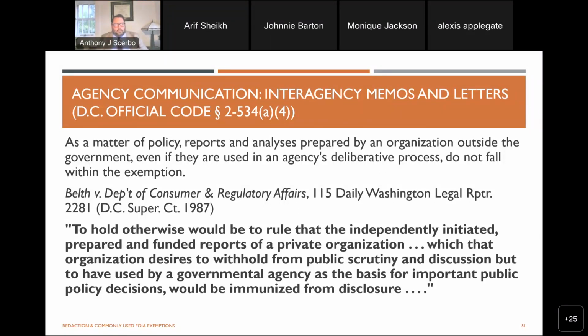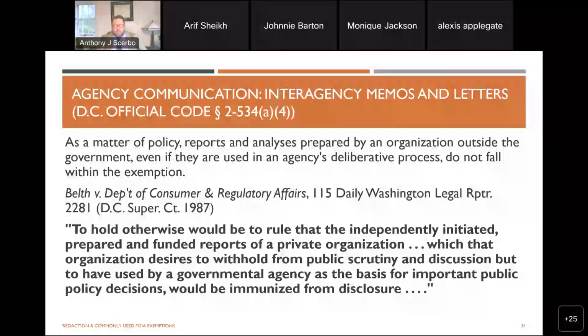And there was an intervenor, and the court essentially held, to go back to this holding, that it would be the rule that the independently initiated, meaning this private company did this on its own, the state governments didn't ask them to do this, they independently prepared the information and funded the reports of a private organization.